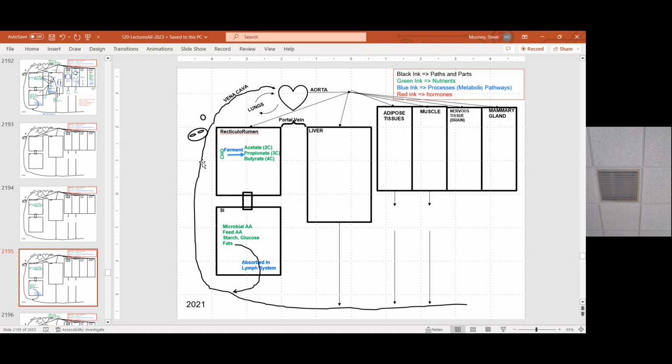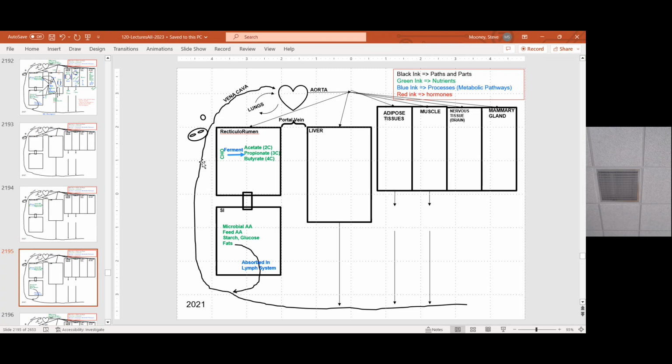So fats are going to go a route here that's a little different. Everything else is going to go to the liver. Fats are going to generally bypass the liver and go directly to the vena cava. We won't get into details about how that happens, but they get put into the lymph system, and that lymph system drains into the vena cava just before the heart.